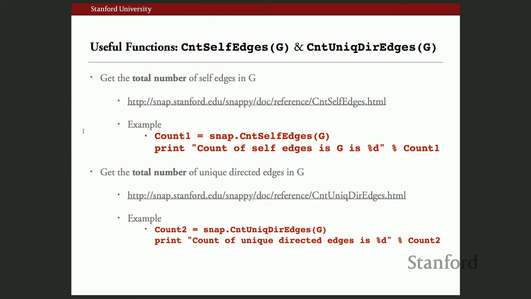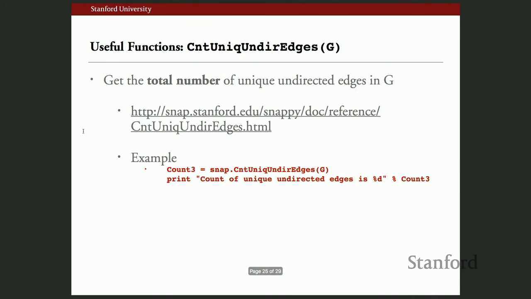If you want to count the number of self edges, a self edge is an edge from node A to A, for all the edges that start and end in the same node, you can use count self edges. If you want the number of unique directed edges, from A to B where A is not equal to B, you can use count unique directed edges. And then the unique undirected edges, I've got a few questions about that.